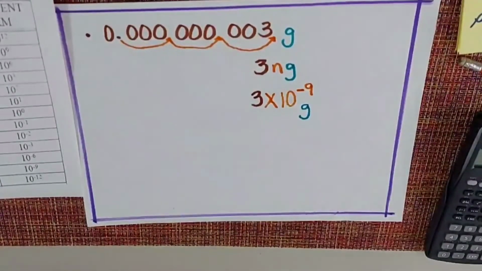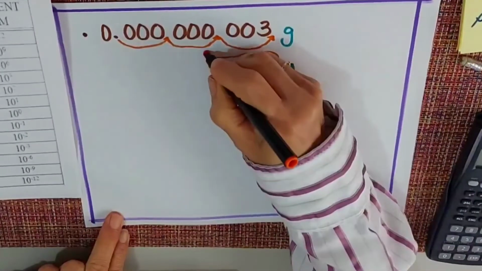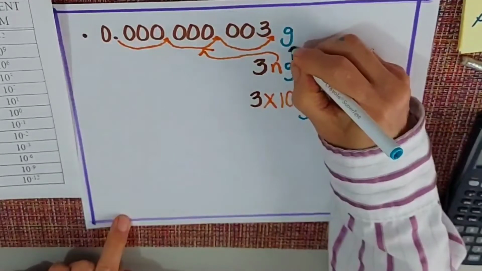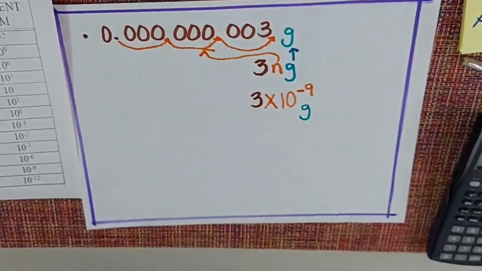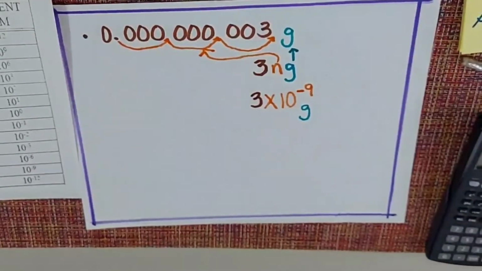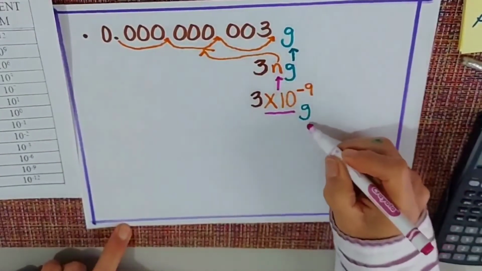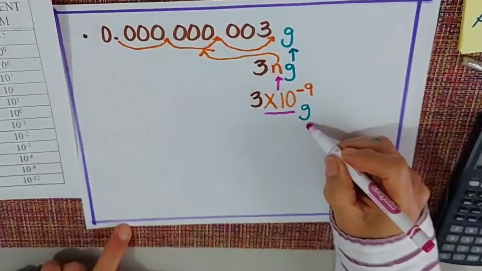This letter means these places. This letter means the unit. This number represents the exponent form for nano, and this letter is for the units.